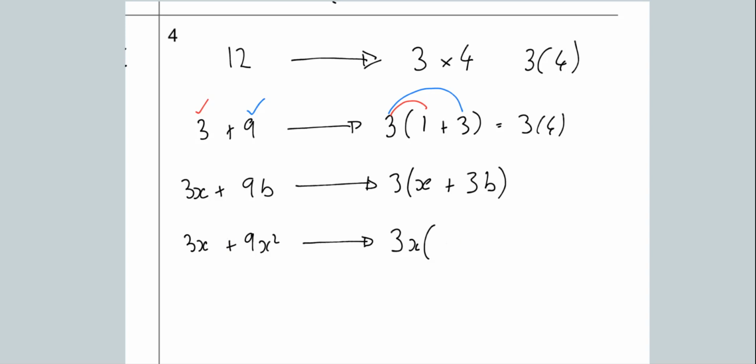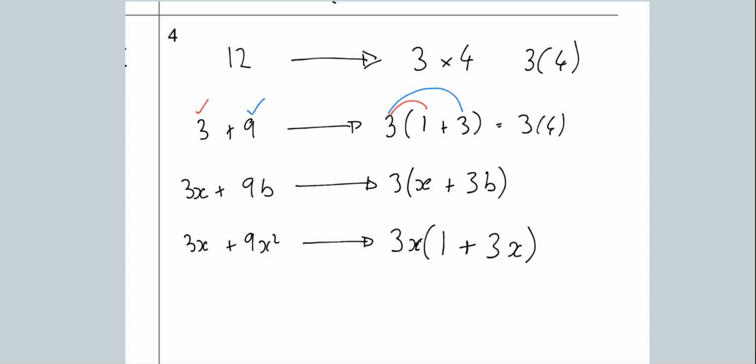Well, I just need to multiply it by 1 to get the same thing. So there's a 1 there. Never put 0 in, it's always something. Plus 3x times what will give me 9x squared. So 3 times 3 is equal to 9. And x times x will give me x squared. So I've got 3x outside of 1 plus 3x, and that is in factor form.